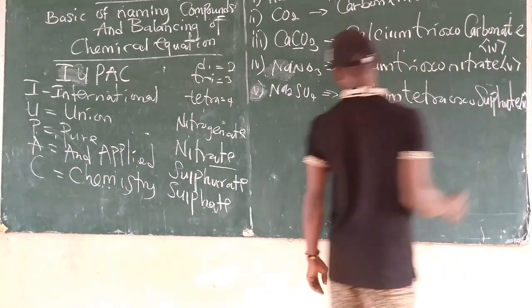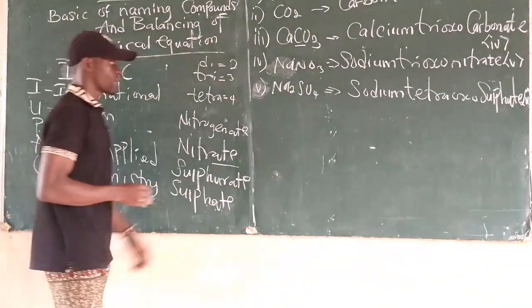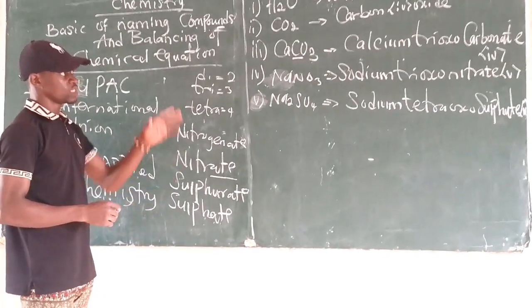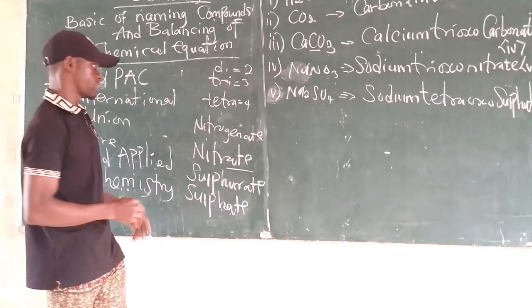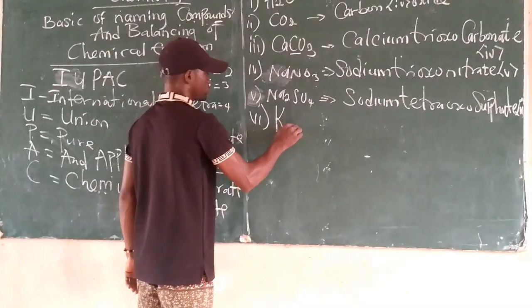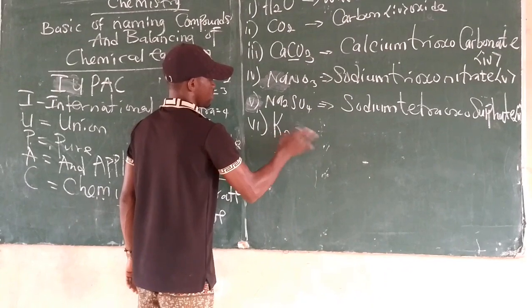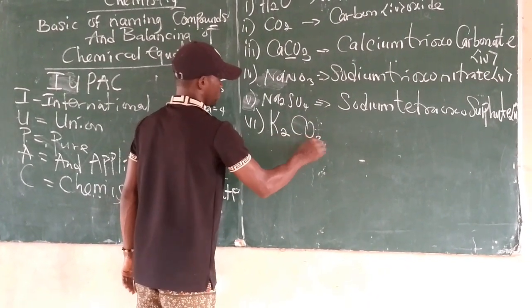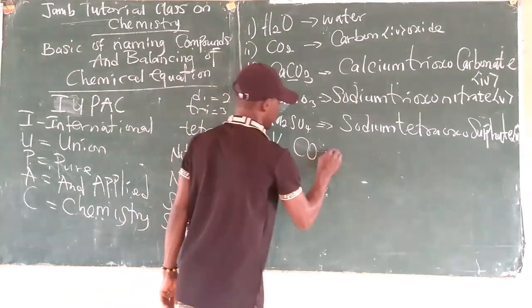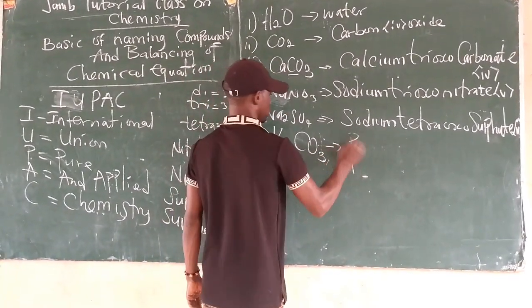So very simple and clear. I believe you understand what I've done with these few examples. Just one more. Then we also have K2CO3. So this is what?